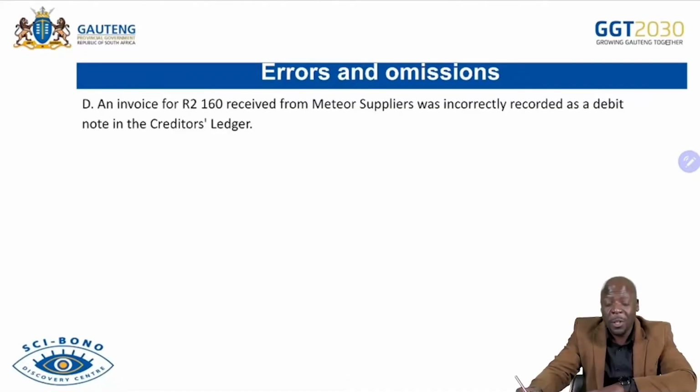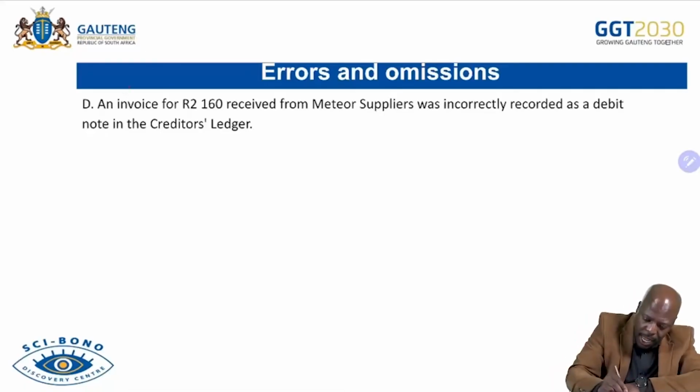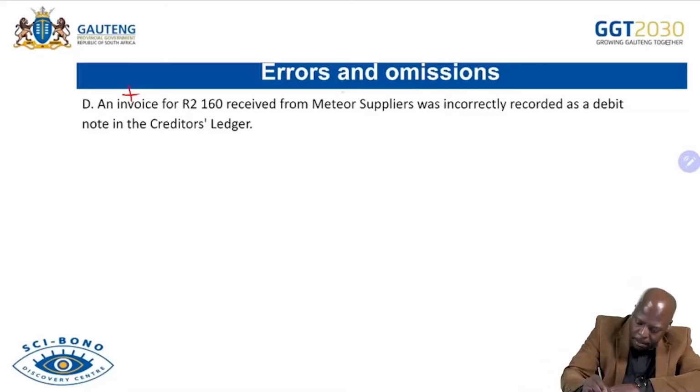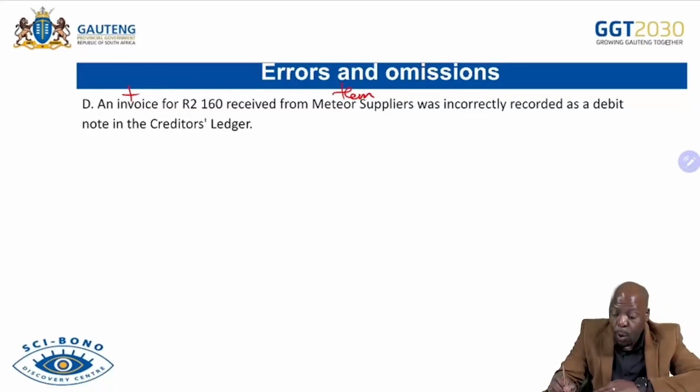Let's go to D. D reads, an invoice, remember, an invoice is a plus. An invoice for 2,160, which was received from them, was incorrectly recorded as a debit note in the creditors ledger.